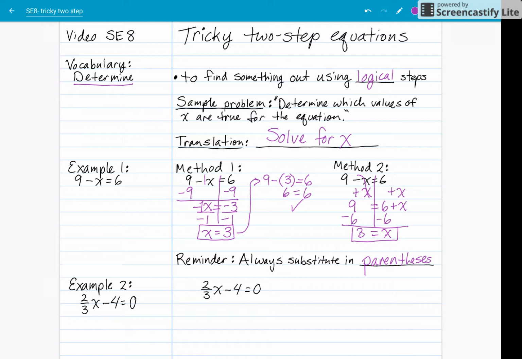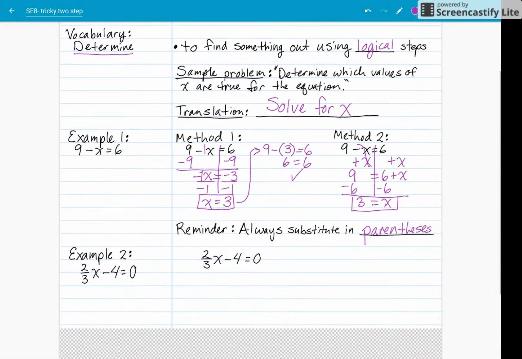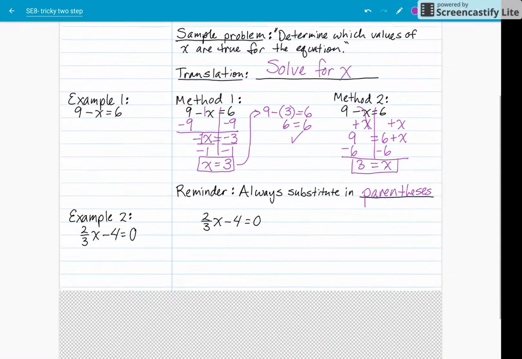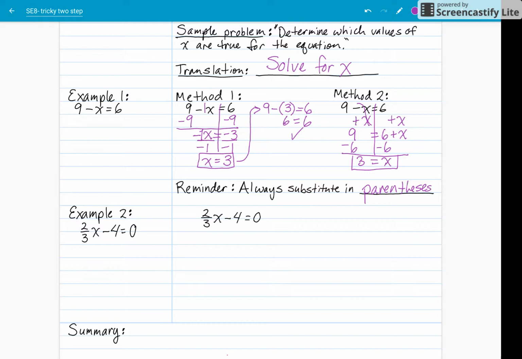The last type of problem that many students find challenging is when we have a fraction in a two-step problem. Worry not, this is the same type of problem you solved in the past. We'll start with the subtraction. Undo the subtraction first. 2/3 x is equal to 4.